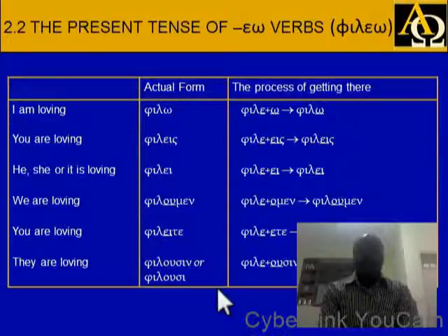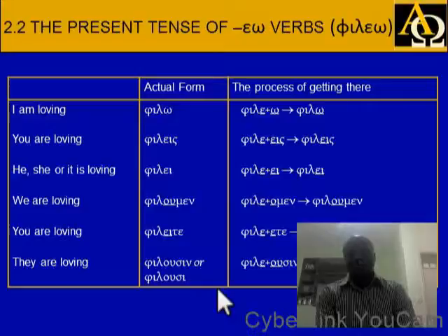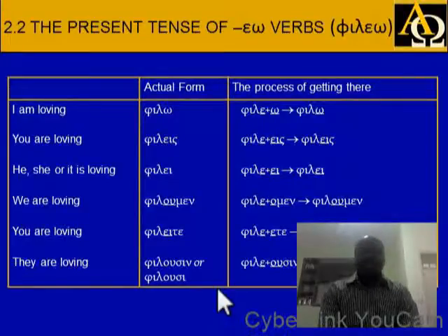So there epsilon is dropped. And then we have eis plus phile. There again, epsilon plus epsilon is epsilon iota. We don't have two epsilons following each other, so it becomes phileis. And then philei, and then philoumen. We have omen and then phile, so epsilon plus omicron gives ou: philoumen. And then phileite, and then philousin. So just know how to combine.